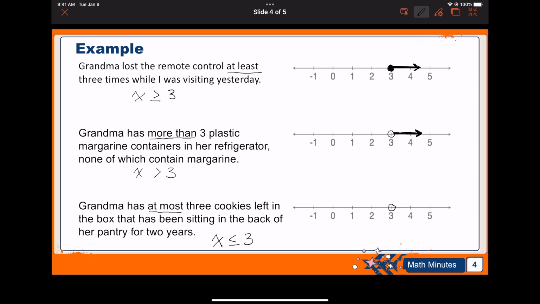And now I see that 3 is a part of my solution because it's less than or equal to. So I'm going to go ahead and fill that circle in. And then these possible solutions, again, it's less than or equal to. So my arrow here is going to extend off to the left to show that those values that are smaller than 3 are the ones that are possible solutions.